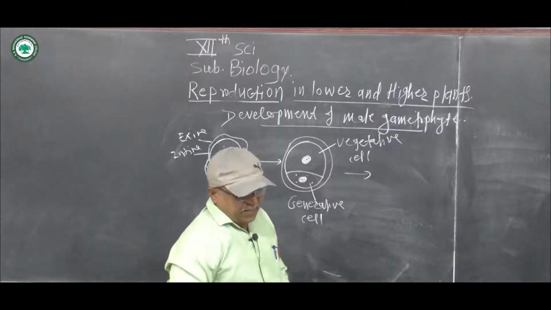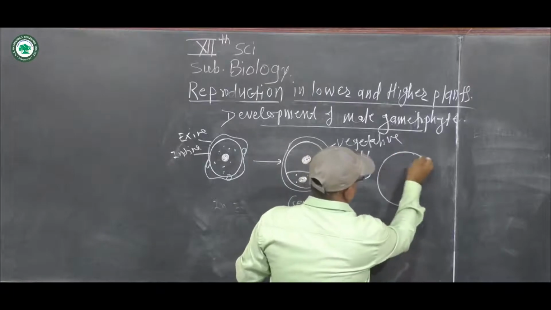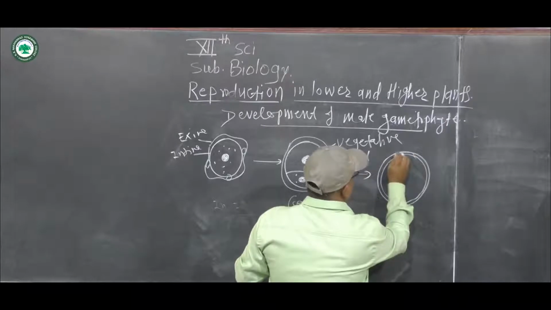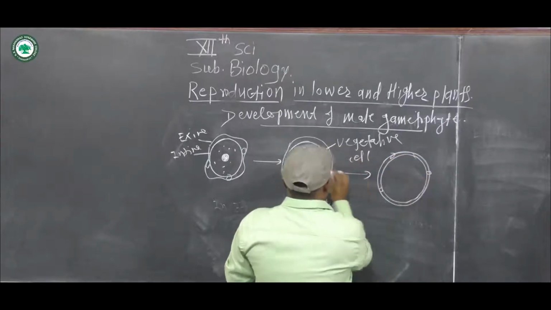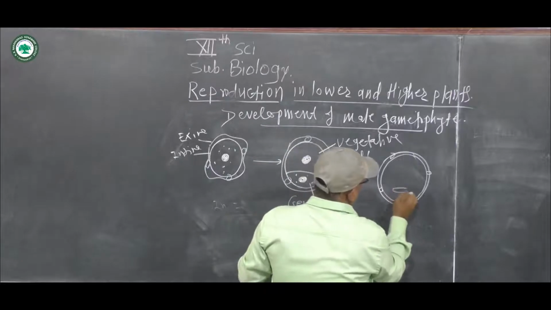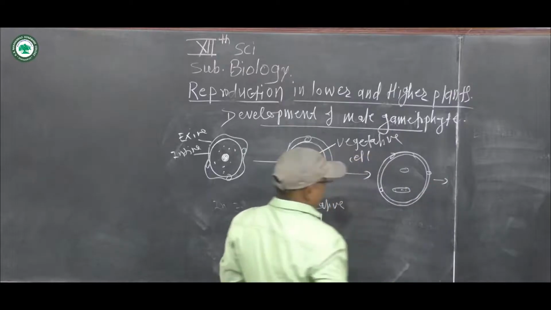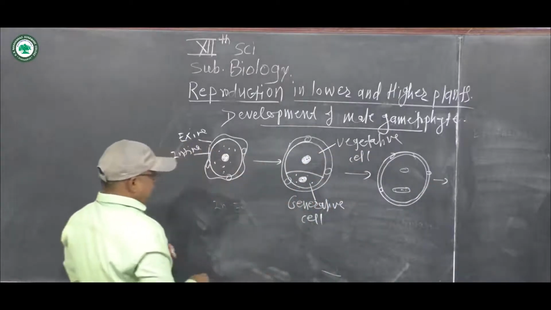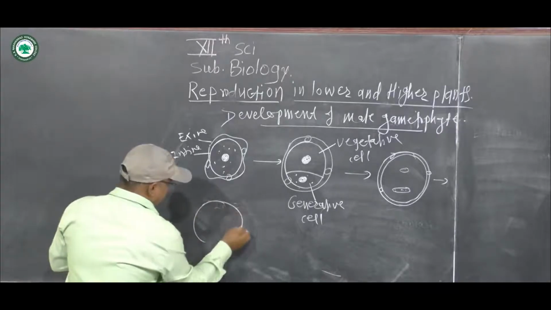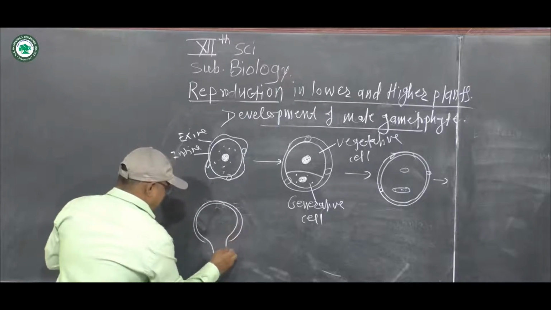Next step is that it divides mitotically and two male gametes are formed.